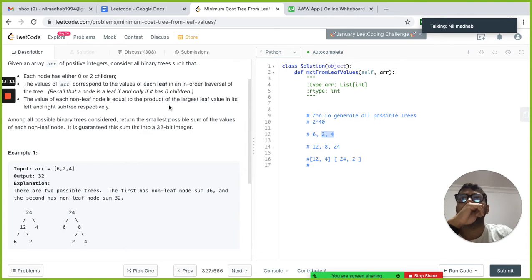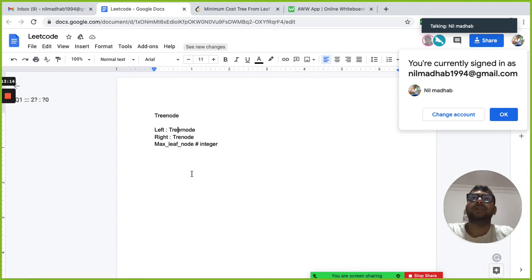Now I was thinking that if we have this tree node, then we can combine 2 tree nodes to make another tree node. Suppose we have 1 tree node which is left, and 1 tree node which is right. From these we can make one more tree node that has left and right, and we can compute the maximum leaf node from the maximum leaf node of the left tree and the maximum leaf node of the right tree. Something like that I was thinking.